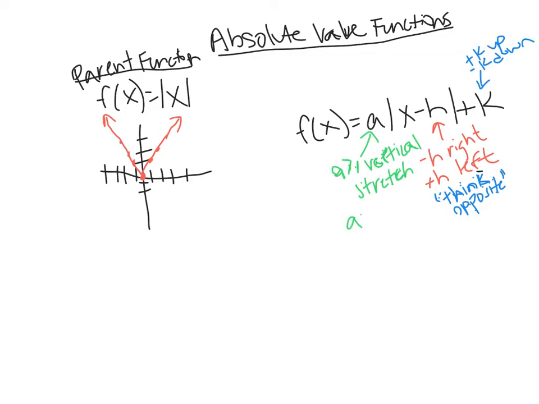And if a is between 0 and 1, so a fraction, a half, a third, 2/3, and so forth, that would be a vertical compression.